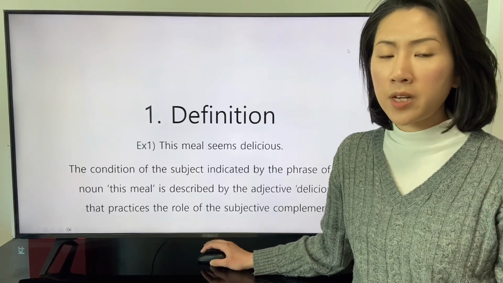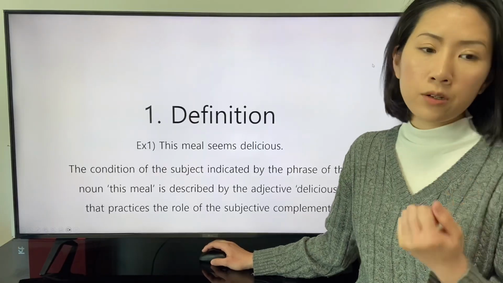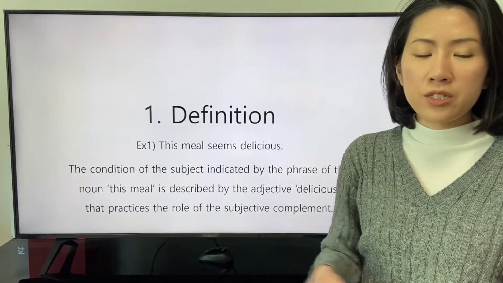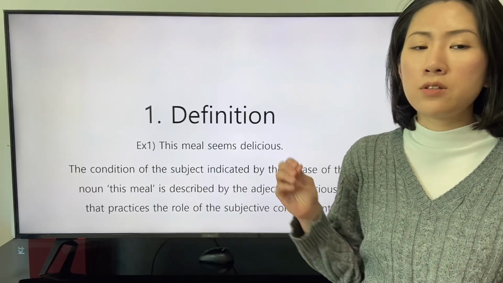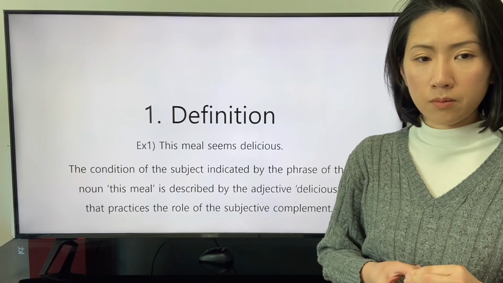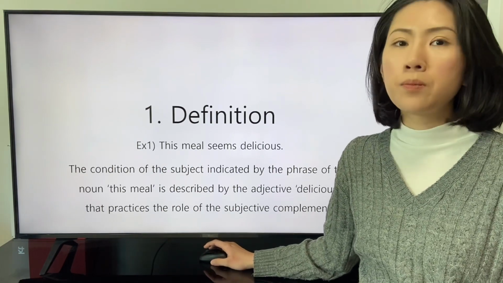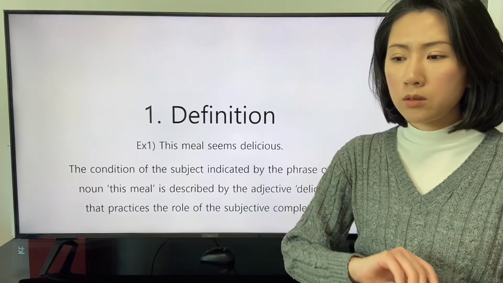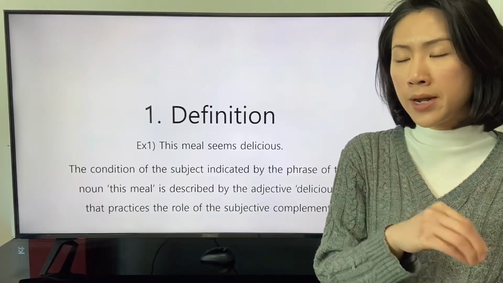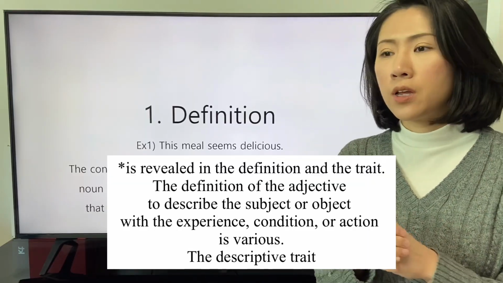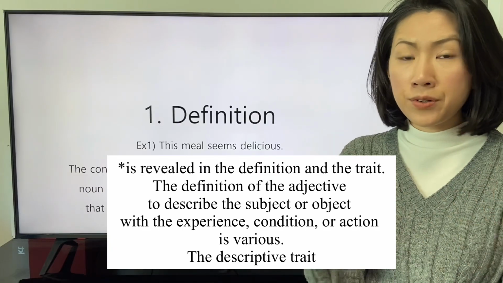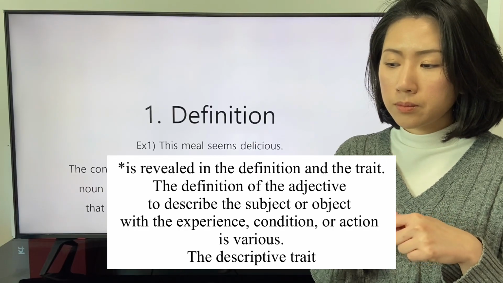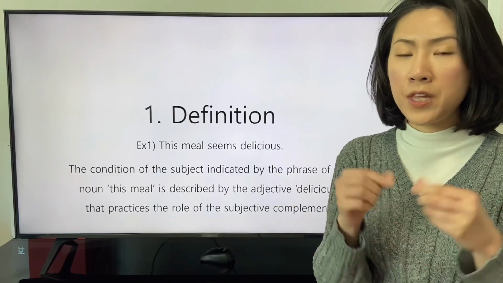The condition of the subject indicated by the phrase of the noun, this meal, is described by the adjective delicious that practices the role of the subjective complement. The adjective delicious describes how the subject is. The difference between a determiner and an adjective is the descriptive trait of the adjective.